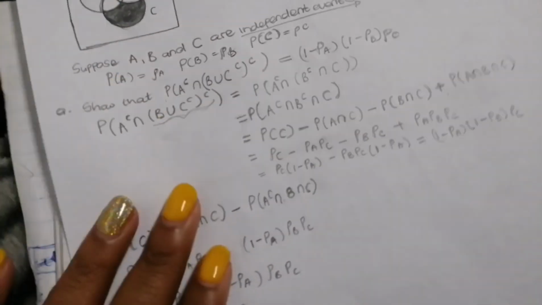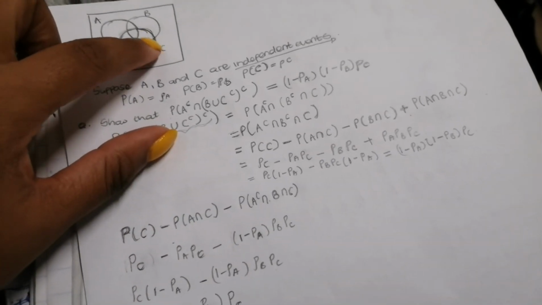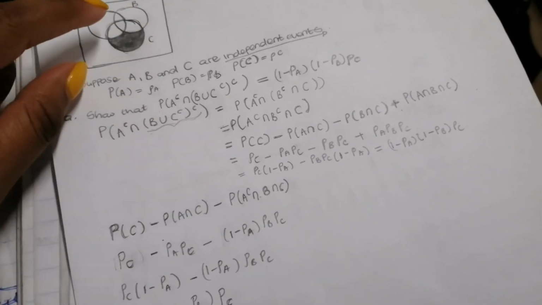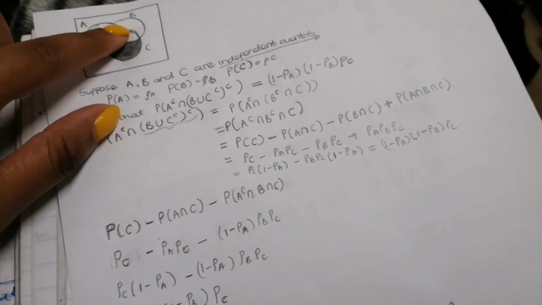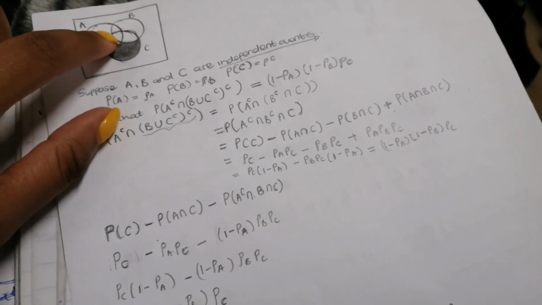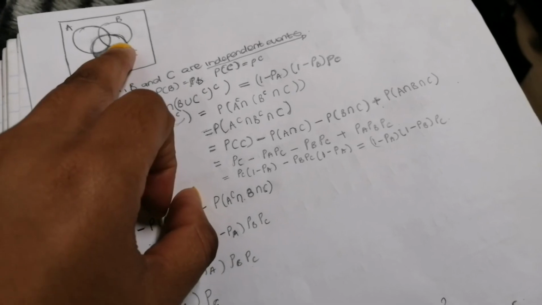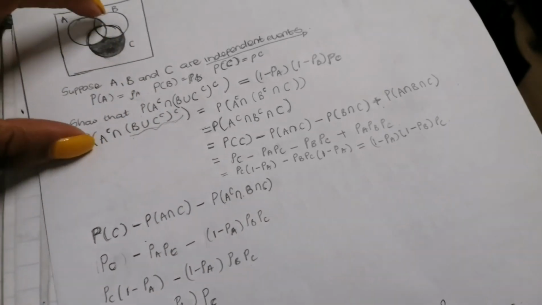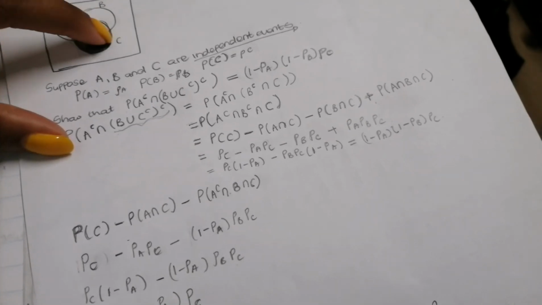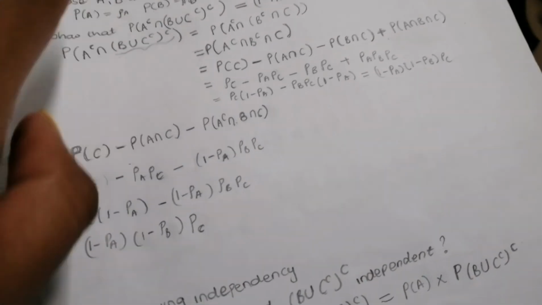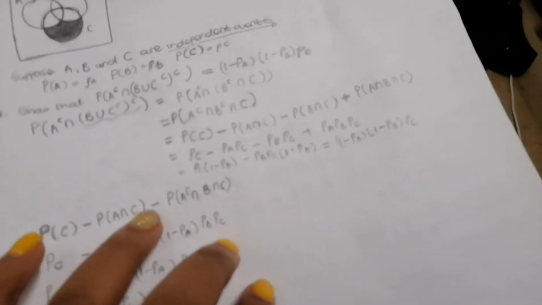Or the other person can say it is the probability of C minus the probability of A intersect C, which is this part. If you don't want to repeat this part and say minus the probability of this one now, the probability of A complement intersect B intersect C, and then you are going to solve and you will get the same answer.